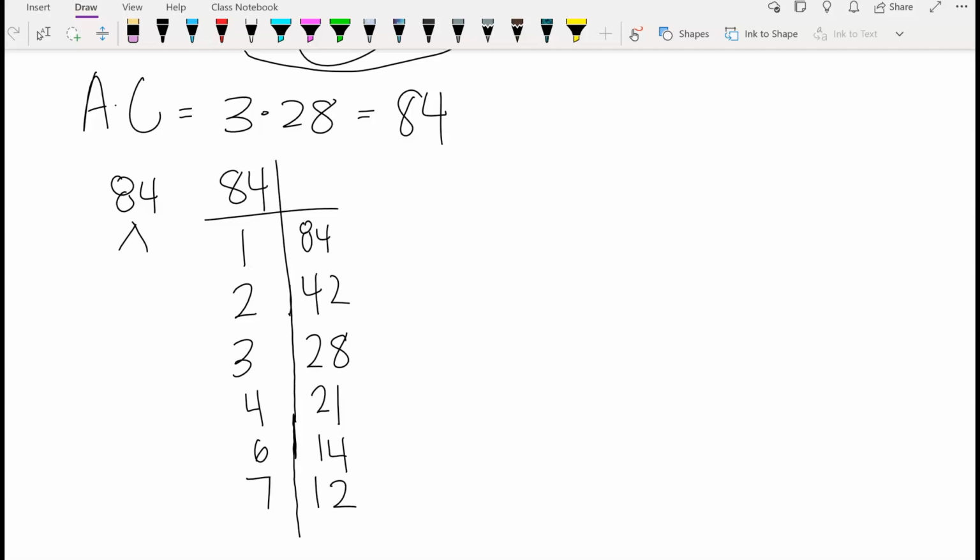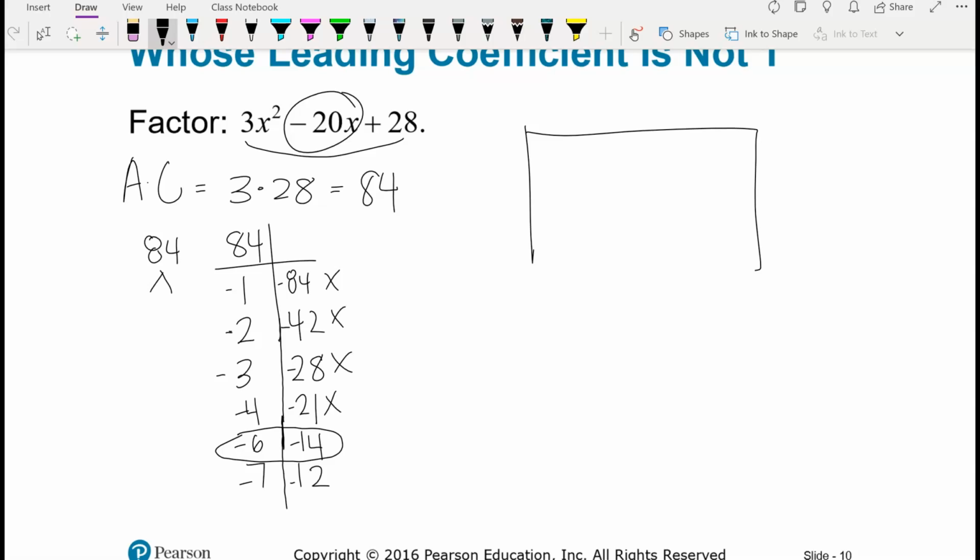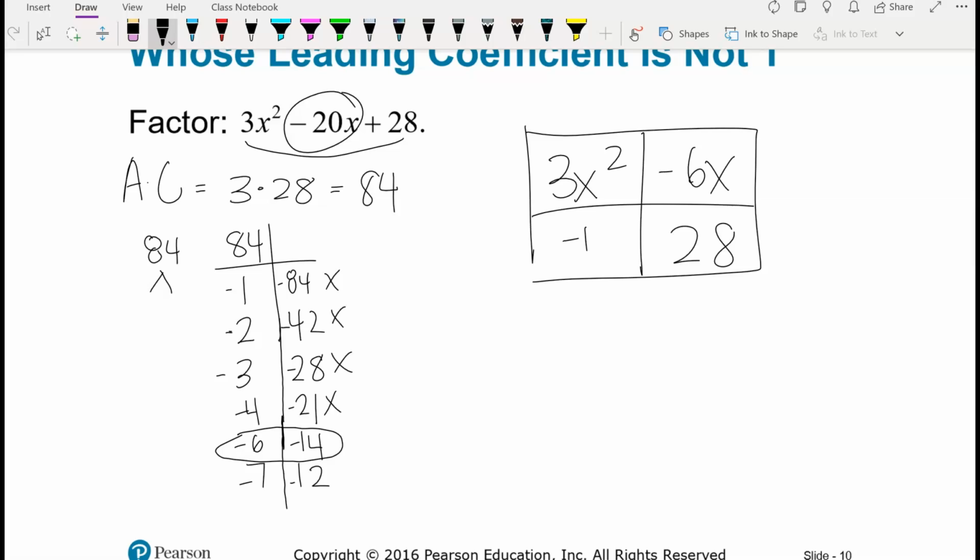All right, looking at ones to get negative 20. That means both are negative, because negative times a negative makes a positive. Looking down our list, those would be too big. That one makes 25. Oh, but this one makes 20. So if you do your box, you have 3x squared, 28. So you have negative 6x and negative 14.